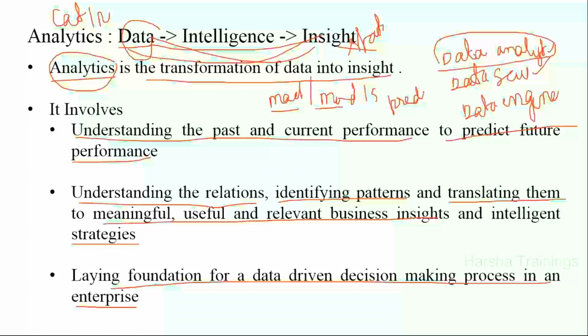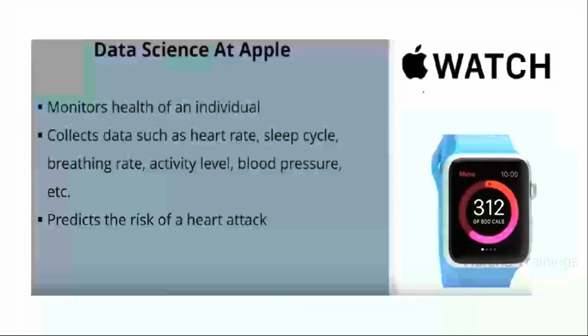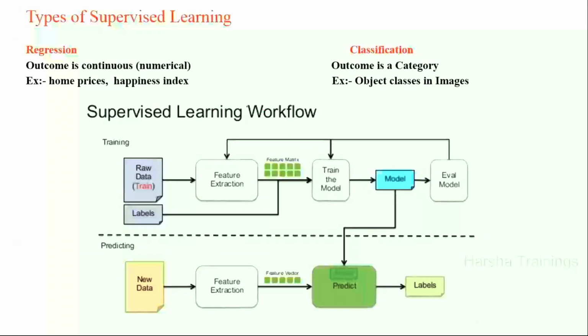This diagram shows the basic workflow of creating a model. This model will work for unknown data also, whereas in analytics, for every data the transformation will be different. In data science, we create a machine or model that may work for any kind of data in future also.